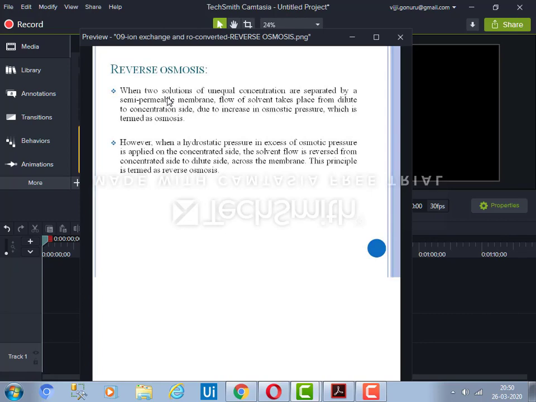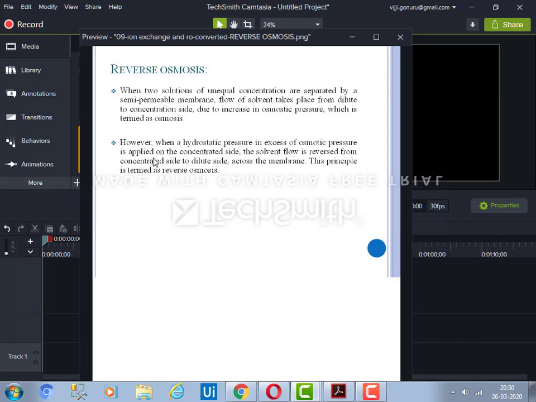Two solutions of unequal concentration means one solution has more concentration and another has less. When they are separated by the semi-permeable membrane, solvent particles will transfer from the low concentration solution to the high concentration solution. That is called osmosis.